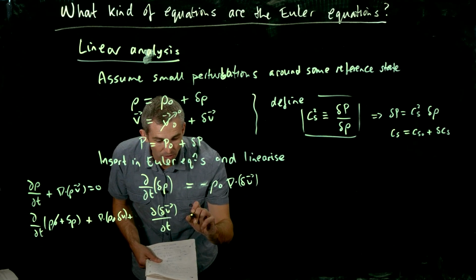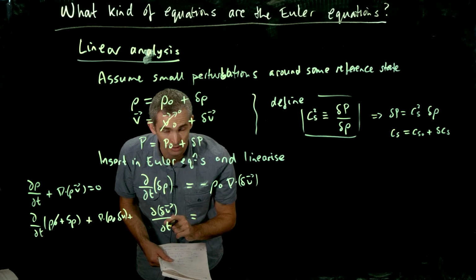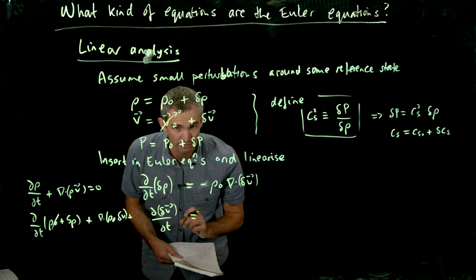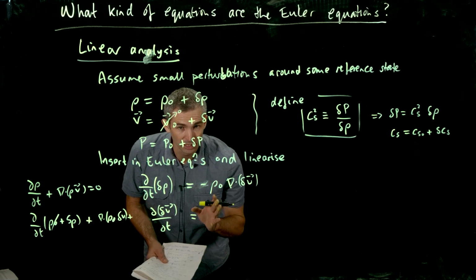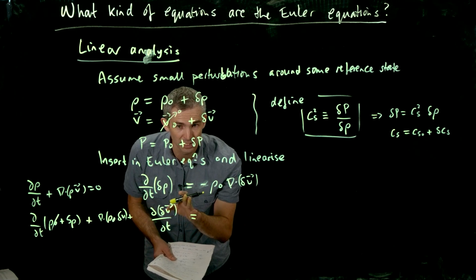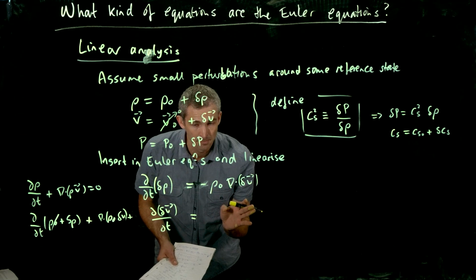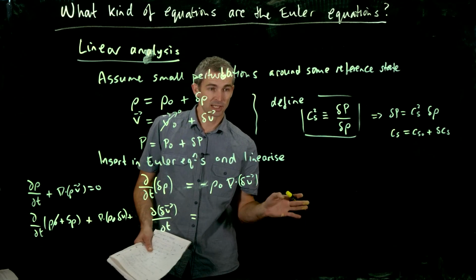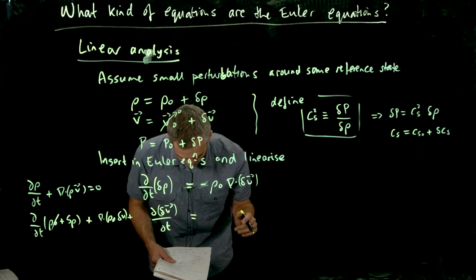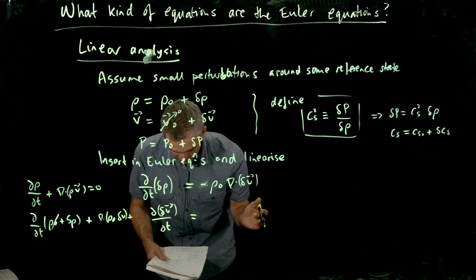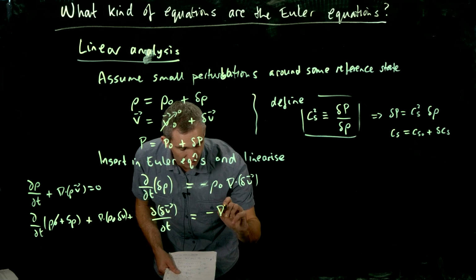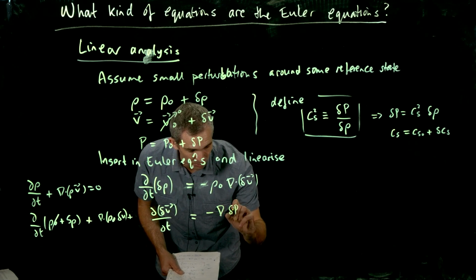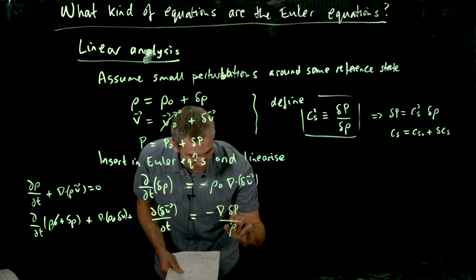Now v naught is 0, so the only term left would be delta v dot grad delta v, but that term's going to be 0 because we're neglecting terms which are second order. So the only term we're going to get left with in the momentum equation is simply the right hand side, which is the gradient of delta pressure on density.